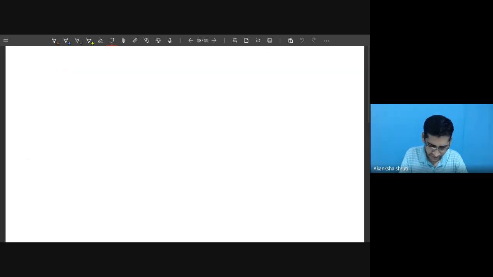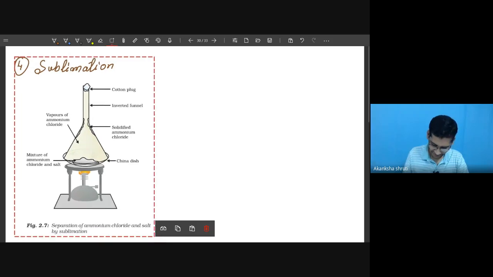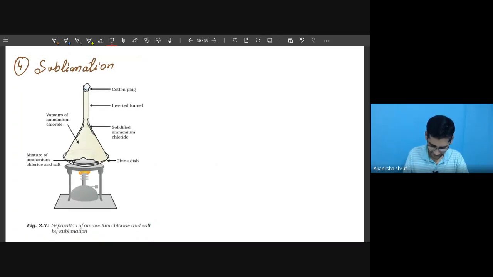It means the process of conversion of a solid into vapor without going to liquid is called sublimation. How this is done, we will understand.